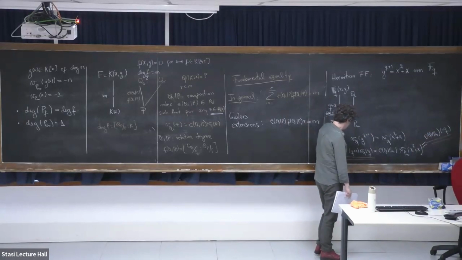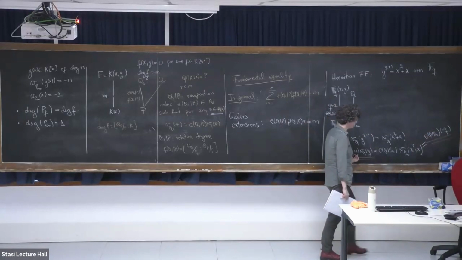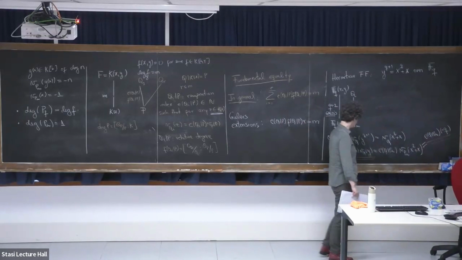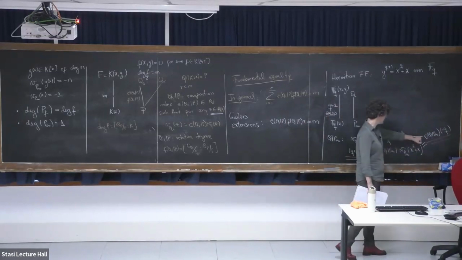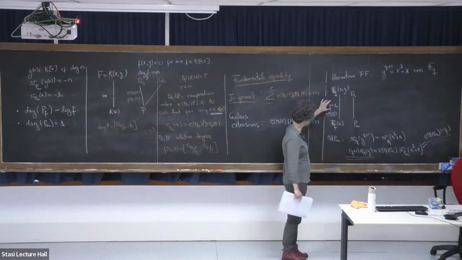Okay, so q+1 is coprime with q. These are coprime. And I know that the ramification index is at most q+1.